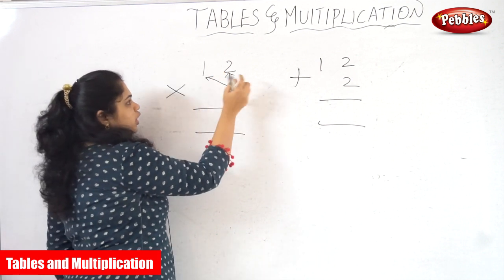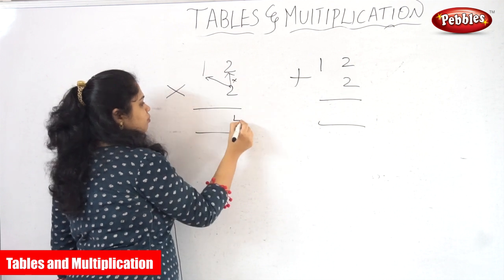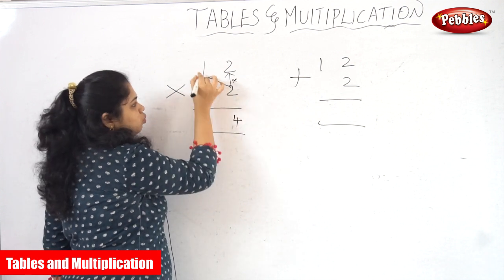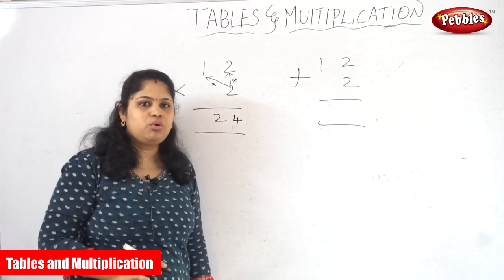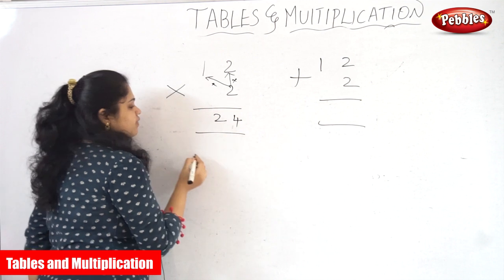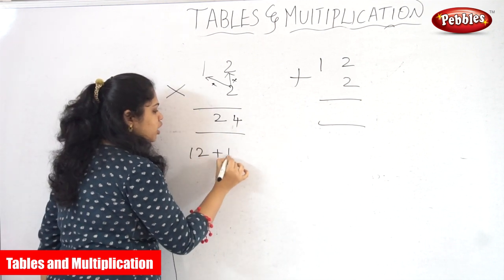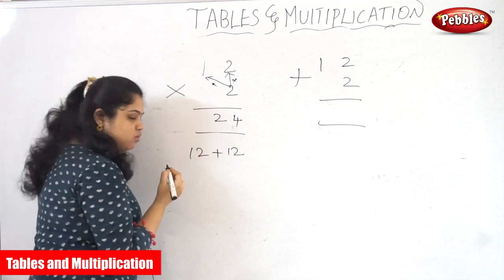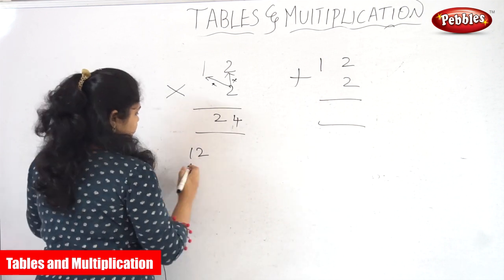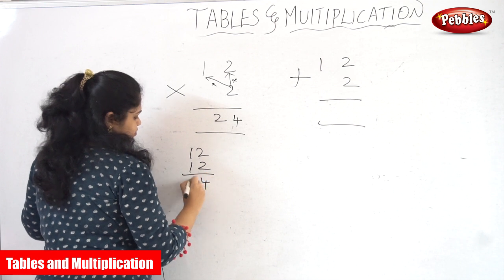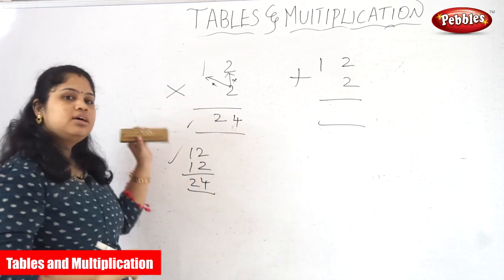First, 2 into 2 is 4. 2 into 1 is 2. So 12 into 2 is 24. Can we recheck it? What is the exact meaning of 12 taken 2 times? Yes, the answer is correct.